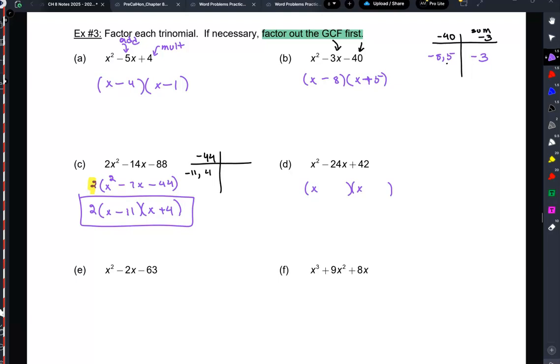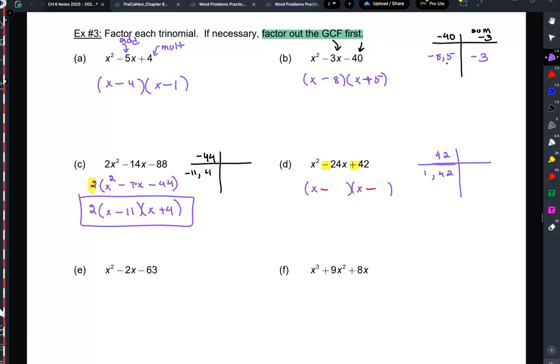So this one, (x )(x ), look, I have minus plus, which means this is going to be minus minus. So now I need two numbers that multiply to 42 and add to 24. What are the factors of 42? 1 and 42. So they have to be pretty big.